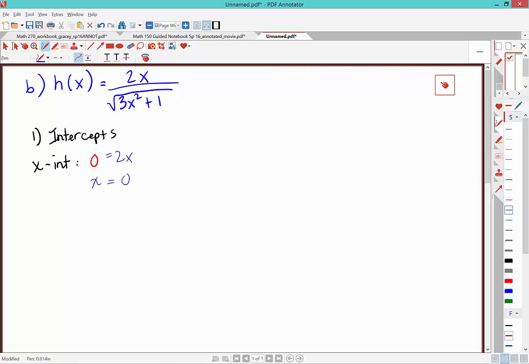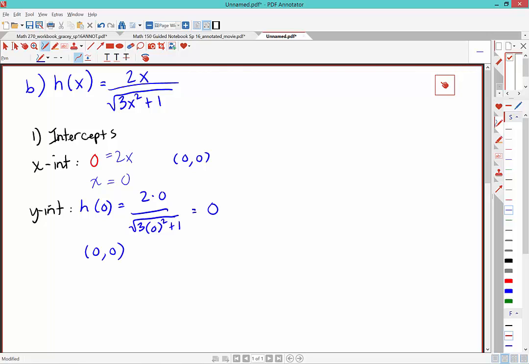And that y-intercept will actually be the same, but it's a little bit different. It's evaluating h at 0, which would be 2 times 0 over root 3 times 0 squared plus 1, which is 0. So we have 0, 0 for both of these.